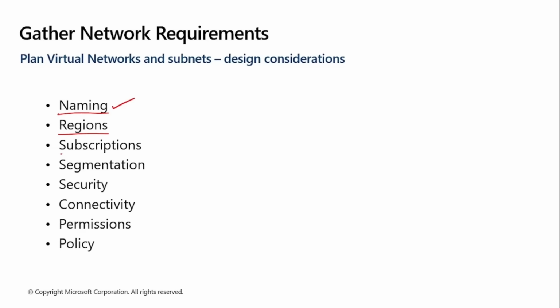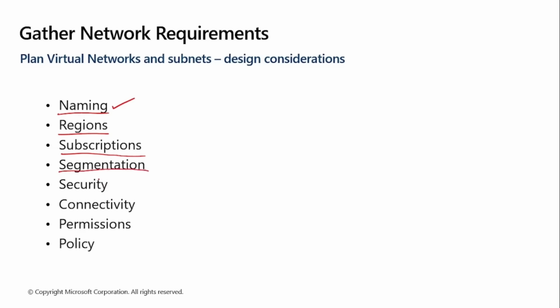Then whether your virtual networks are spread across a single subscription or multiple subscriptions. Usually the general practice is that all the connectivity related services are deployed on a particular subscription, which is very easy to manage. And that way you have to select the appropriate subscription for deploying these VNets.